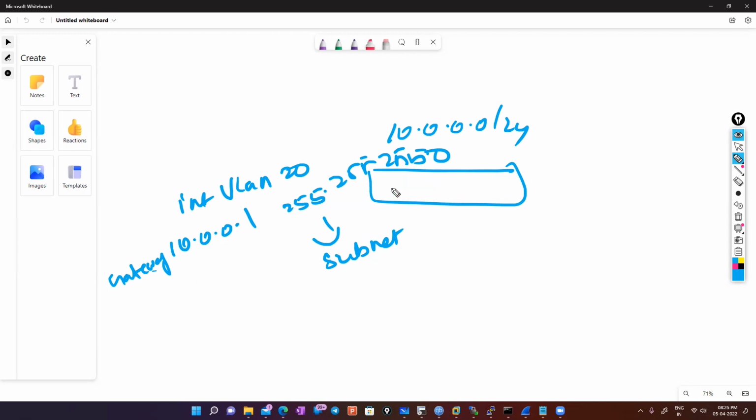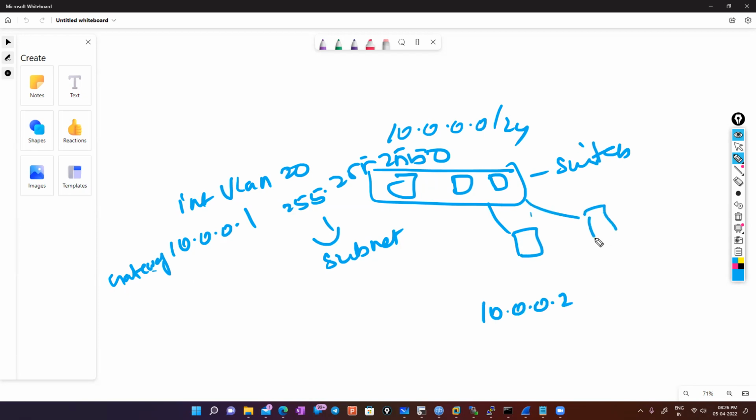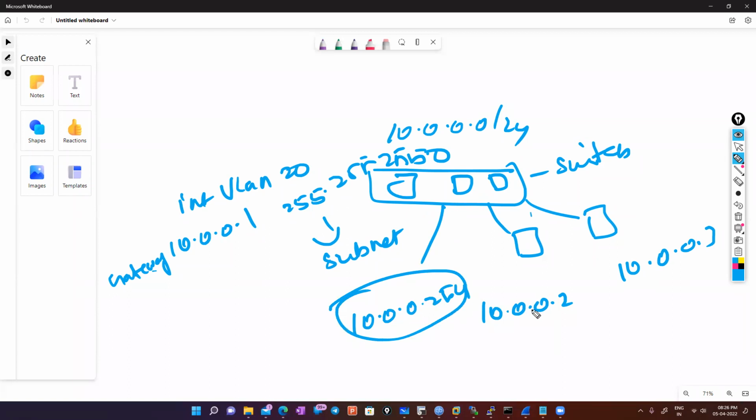So how am I going to assign the IP addresses to the users connected to the switch? 10.0.0.2, 10.0.0.3. It goes on till 10.0.0.254. I can't use 10.0.0.255, because that is used only for broadcast. That cannot be used for any host PCs.